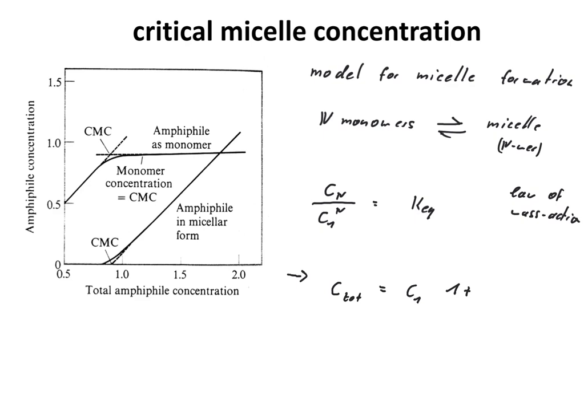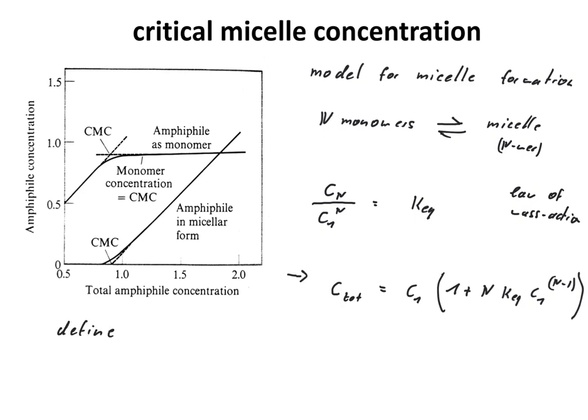And we come up with an equation that only contains the amphiphile concentration that we add to the solution, which is C1. Now this equation reads C1 times (1 plus n times K equilibrium times C1 to the power n minus 1).